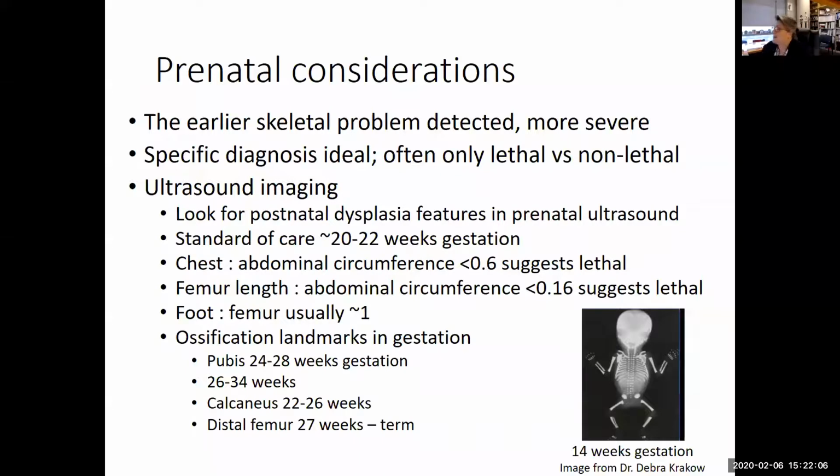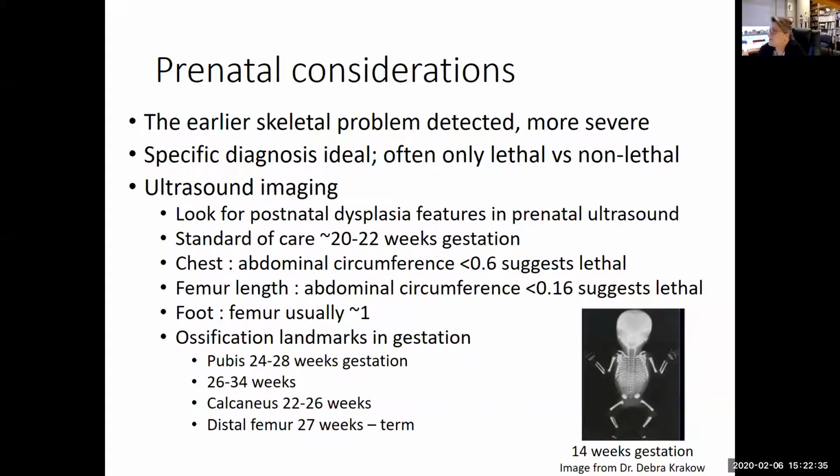On the prenatal side of things, sometimes we can get great clues that we are actually looking at or thinking about a skeletal dysplasia. These are big generalities here, but a couple of really nice landmarks to keep in mind. The earlier a skeletal problem is detected by ultrasound, in general, the more severe it probably is. A good example of the opposite of this is in achondroplasia.